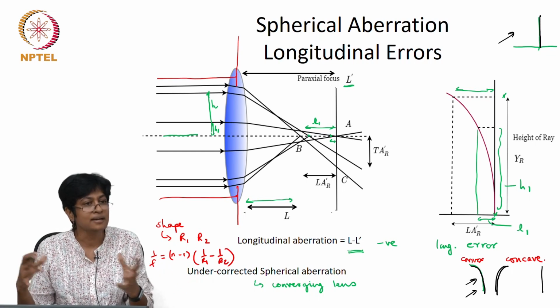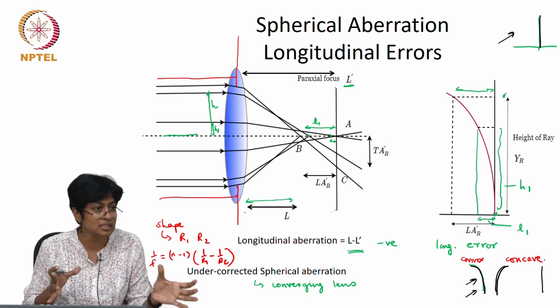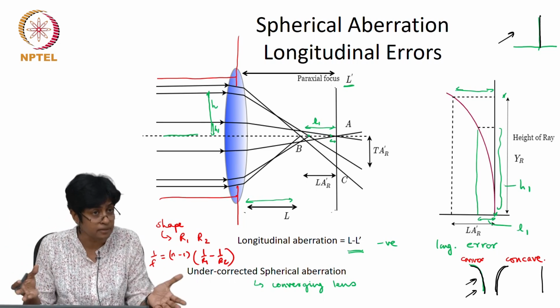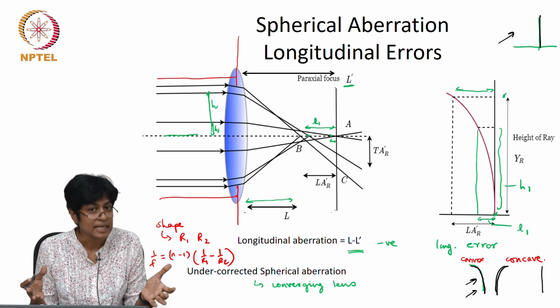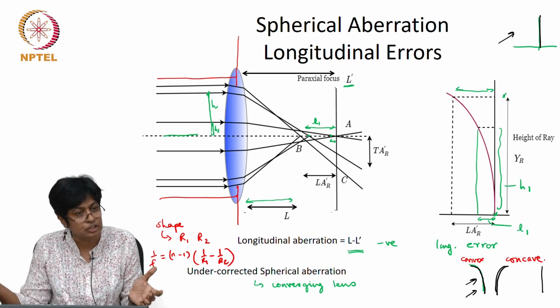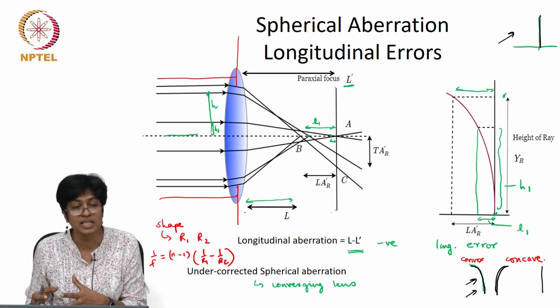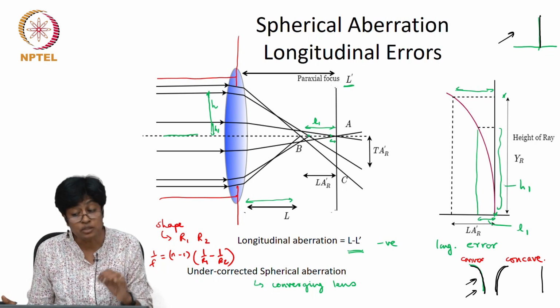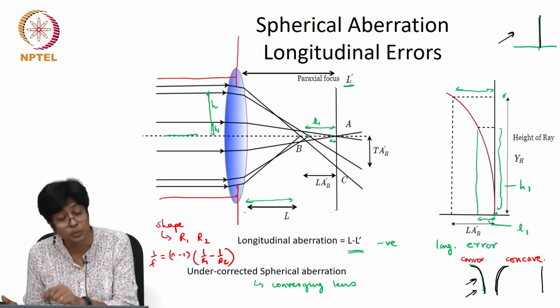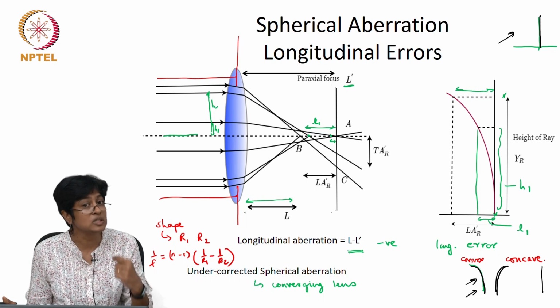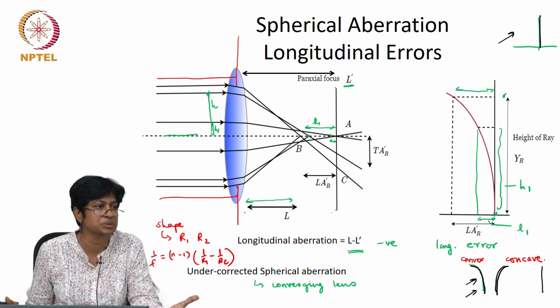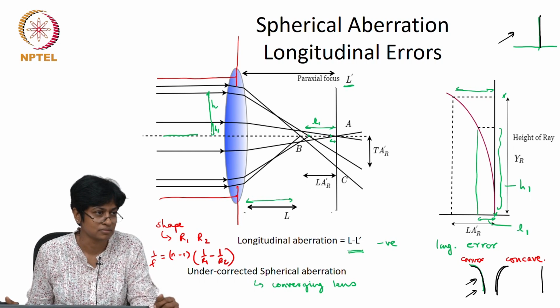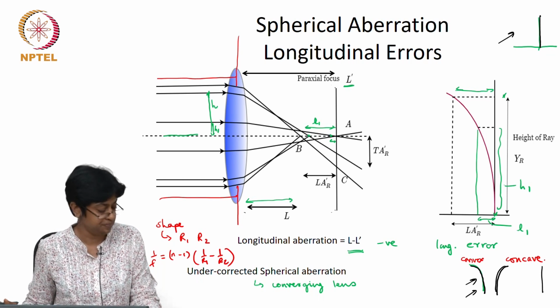But you will add a concave lens, adjust distances so that overall you get power in your system. But the concave nature of the lens you have added offsets and reduces the spherical aberration. So that is why looking at these aberrations with these curves is very useful, because the curve gives you an idea of what you need to do.